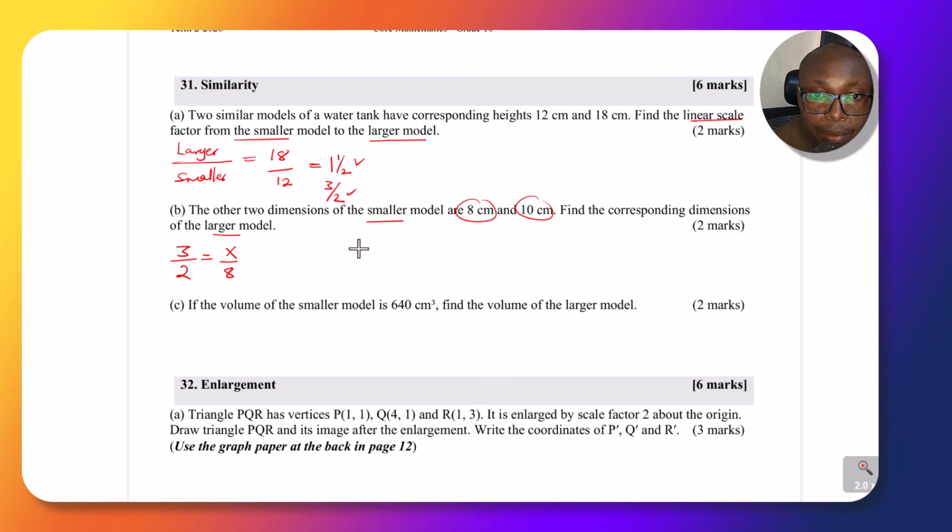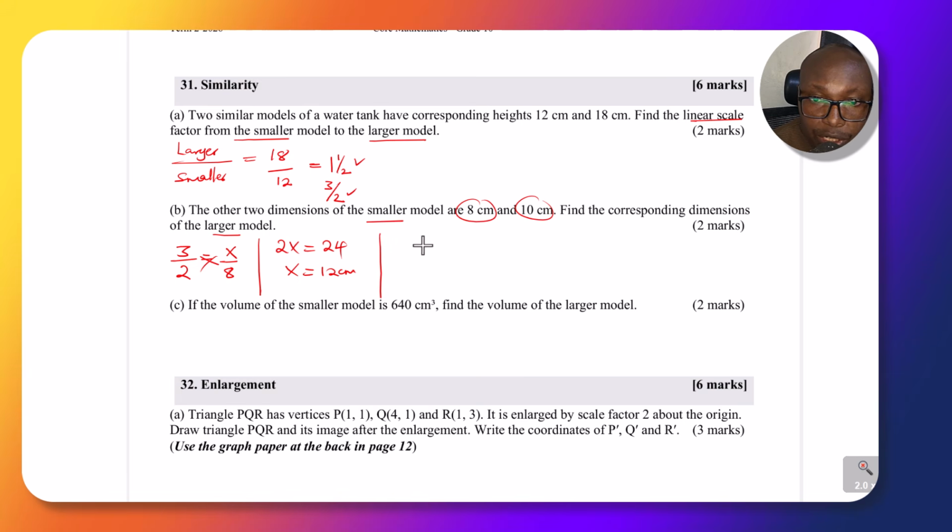So you let the dimension of the larger model be x, then the smaller model, of course, is 8. So you work out x by cross multiplying. So 2 times x, this will give 2x is equals to 3 times 8, which is 24. And therefore, the dimension of the larger model will be 12 centimeters.